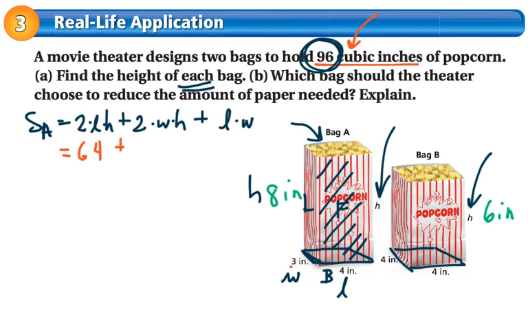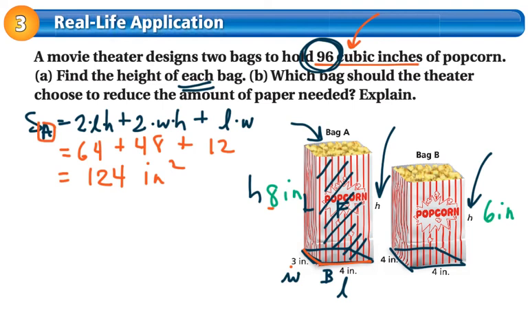So width is 3, height is 8, 3 times 8 is 24, times 2 gives us 48 square inches. And finally, just the bottom itself, we don't double this one again, is going to be 3 by 4, which is 12 square inches. We add everything up here, and you actually end up with 124 square inches. But that's just the surface area of bag A.